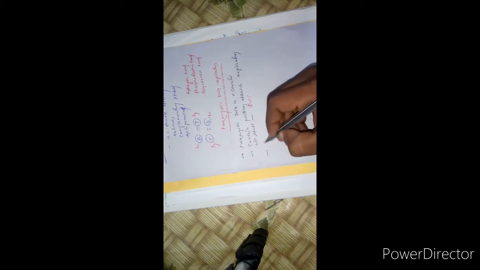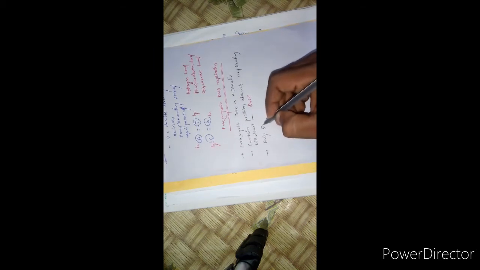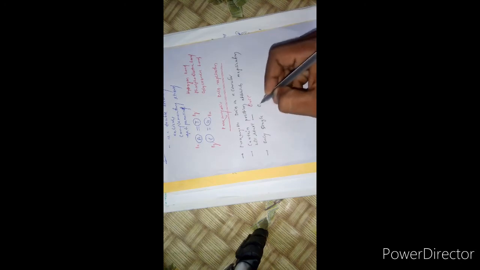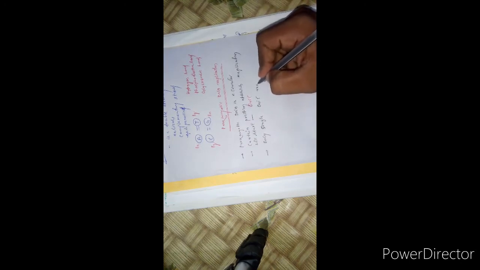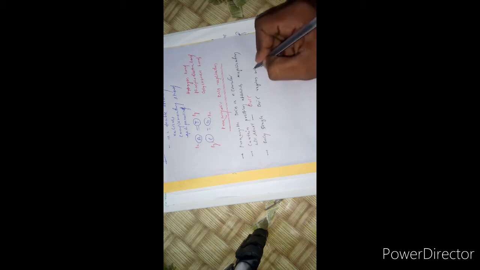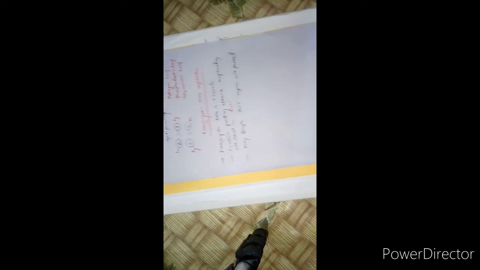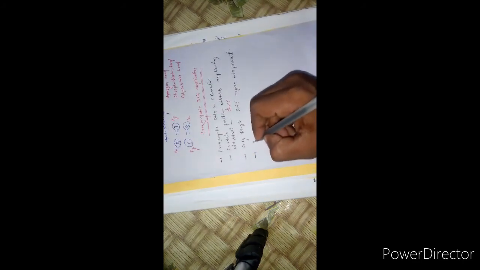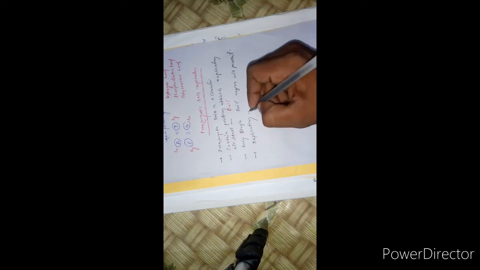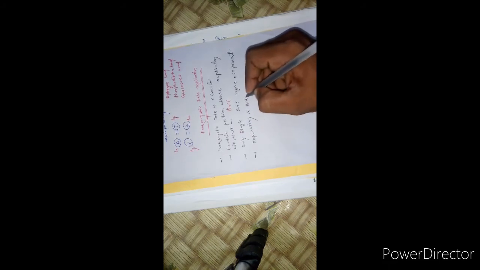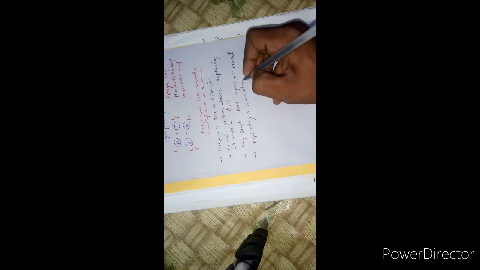In prokaryotes, only a single OriC region will be present. Replication is bidirectional.